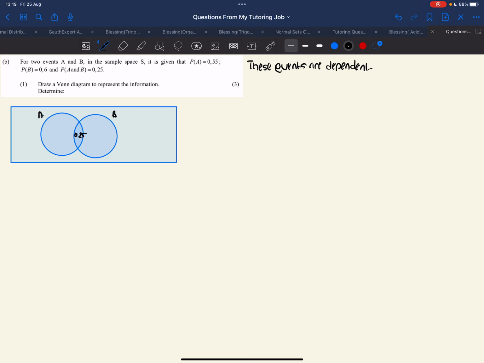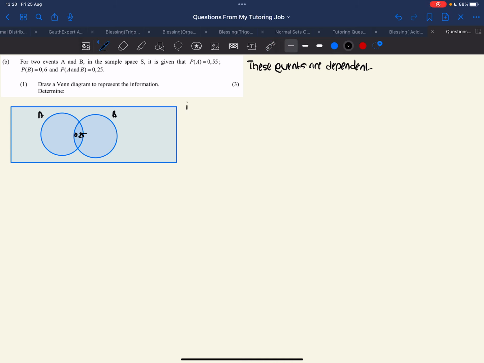I need the probability of A only and B only, because to get 0.55 I must add this and that, and to get 0.6, I must add 0.25 with what's going to be inside there.